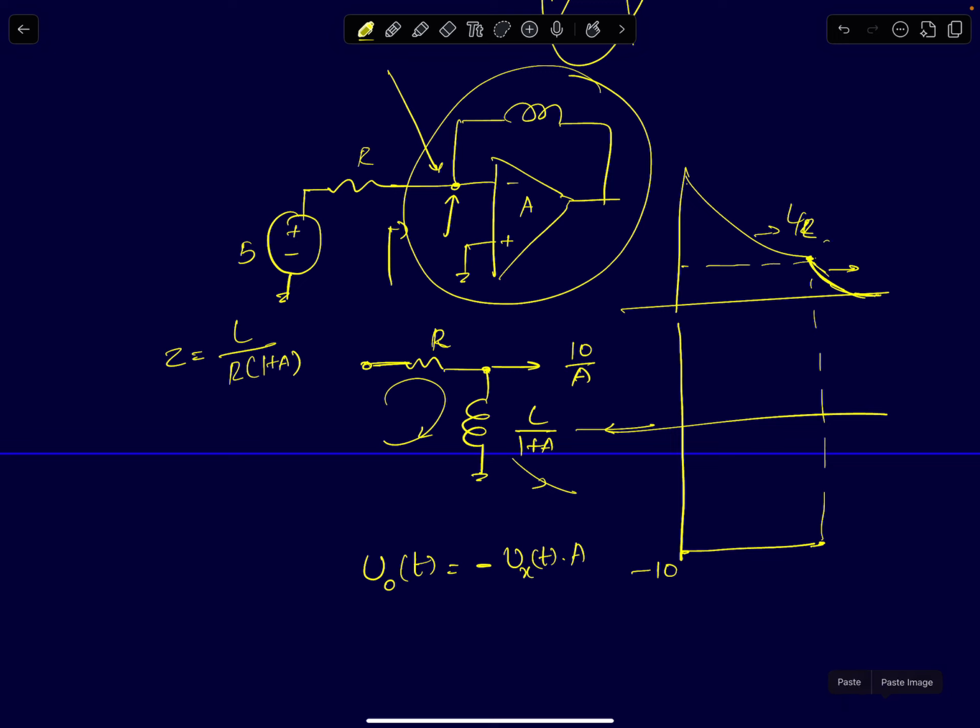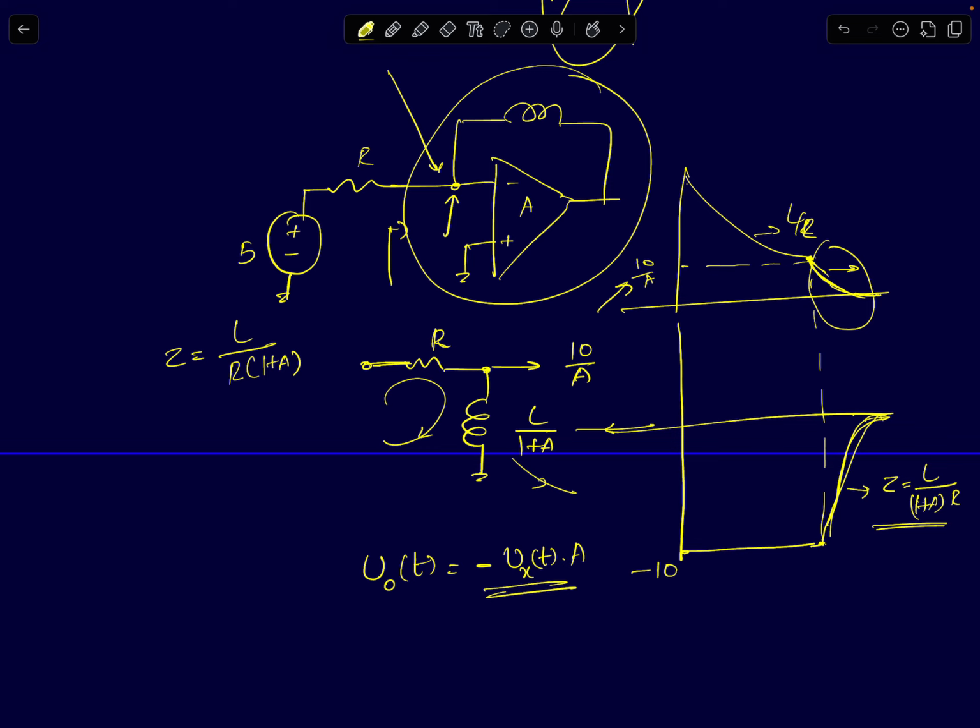Once it reaches this region, it will simply be minus of Vx times A. So take 10 by A, multiply with minus A, you get minus 10, and then the waveform will look something like this. The time constant here is much lower in value, much faster in time. It will discharge very quickly from minus 10 to 0 volts. So that's what happens here.